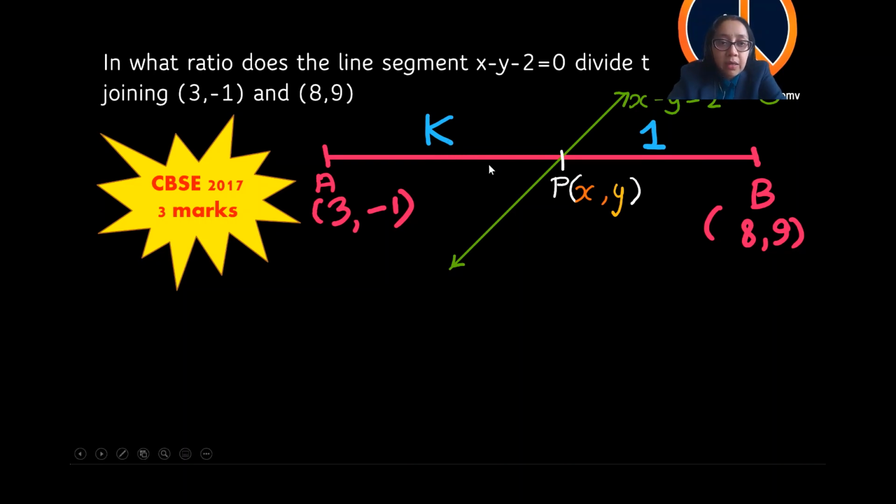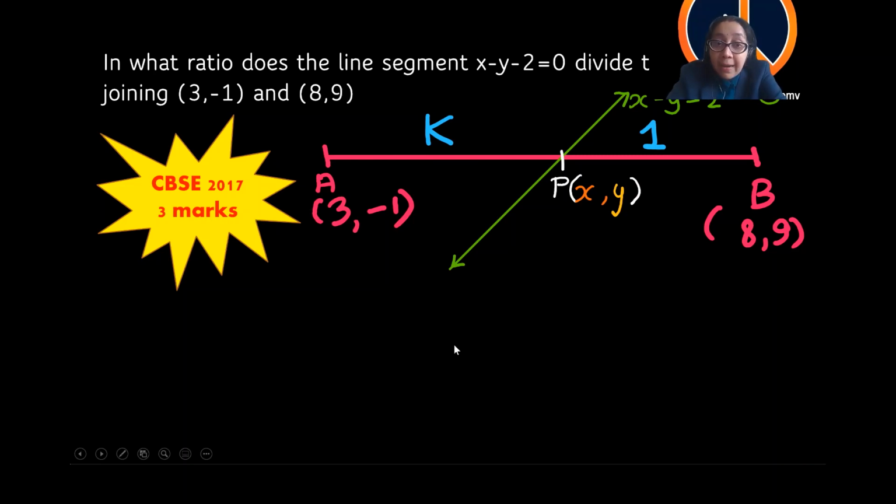Please use this tip whenever you have to calculate the ratio. So please write it down in your notebook. Let the ratio in which the line segment AB is divided be k is to 1.